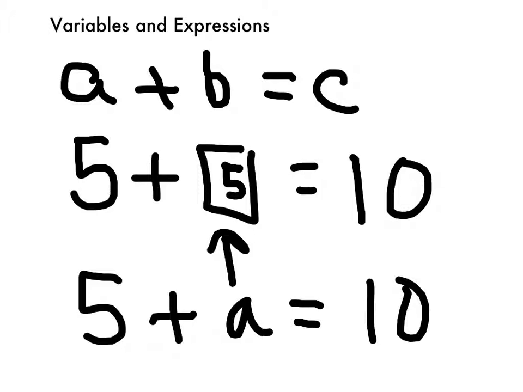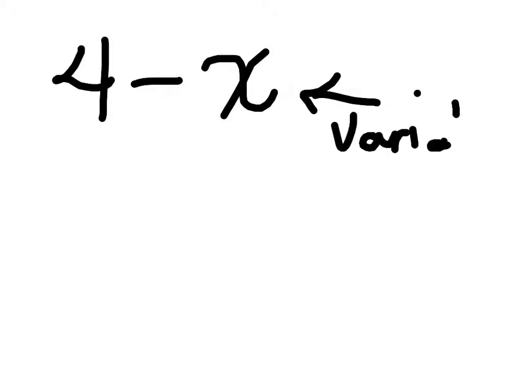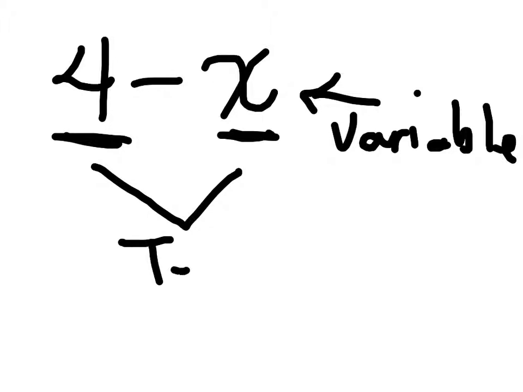So let's talk about some different looking expressions and the different terms that they have and the variables that would be in those expressions. So let's say, for instance, you have 4 minus x. X is your variable. That's your unknown. In terms of this expression, the 4 and the x, those are called terms.